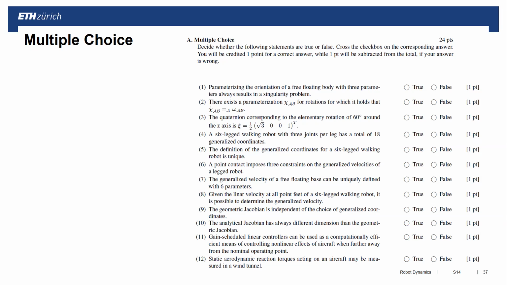Here with this multiple choice, it is always true or false. There are different ways of how you can make points. If it's true and you cross true, you get 1 point. Sorry, if it's true and you cross nothing, you get 0 points. If it's true and you cross false, it's -1 point.